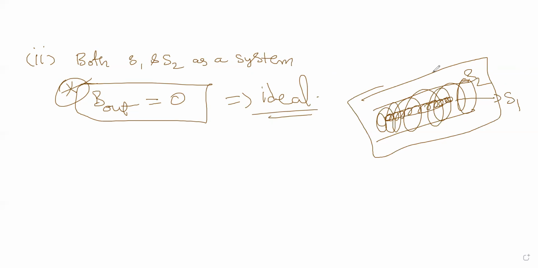They ask about the space outside both solenoids. Outside space, this entire system you can consider as one single solenoid. Outside the solenoid, the field is zero. This is for the ideal case, so as per the question, it's zero.